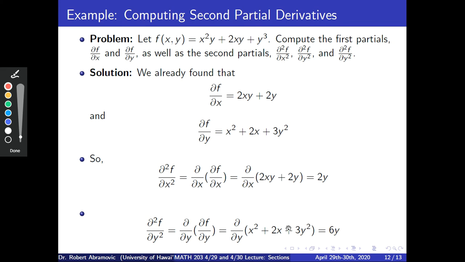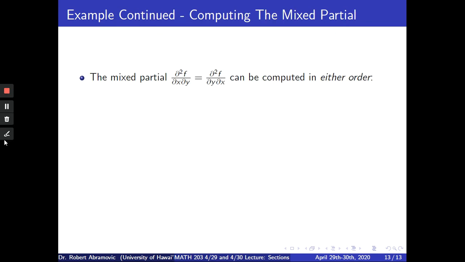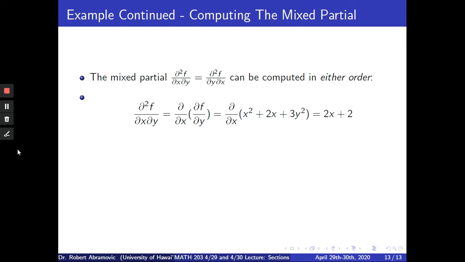So there you have it. The mixed partial now can be computed in either order. We can either differentiate with respect to y first, then differentiate with respect to x, or differentiate with respect to x first, and then with respect to y. d squared f dx dy is equal to the partial with respect to x of df dy, which is equal to the partial with respect to x of x squared plus 2x plus 3y squared.